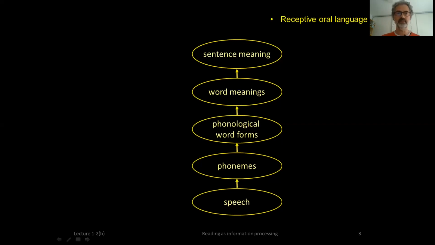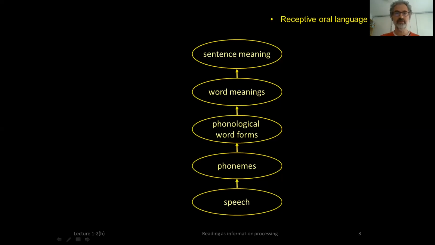The ability to do all of these is part of what is called receptive oral language. So here we're only looking at understanding a spoken sentence as a sequence of words. We're not looking at producing language or at responding to this in any way, just understanding it.